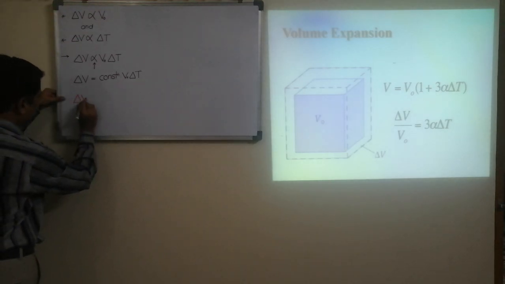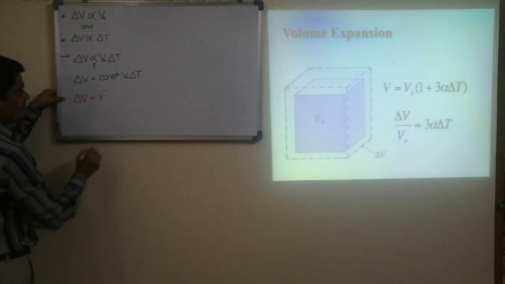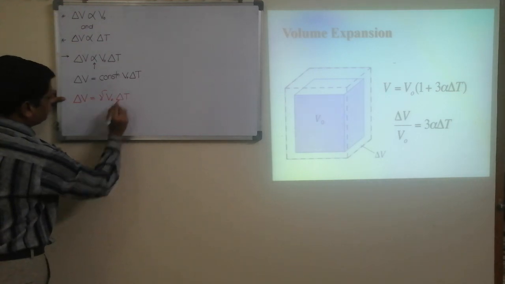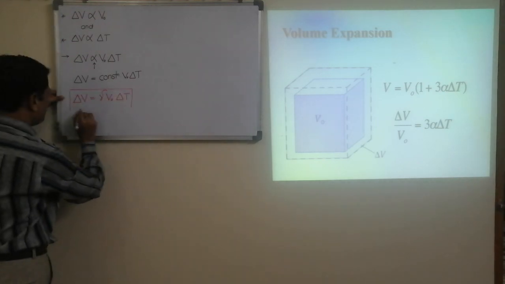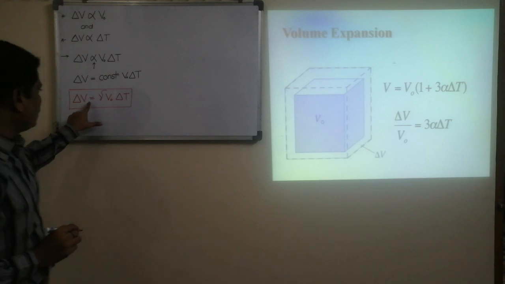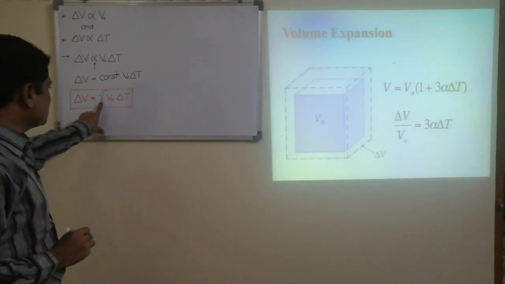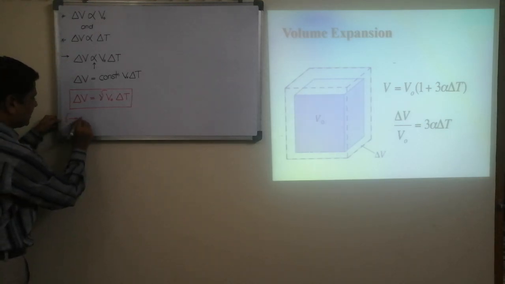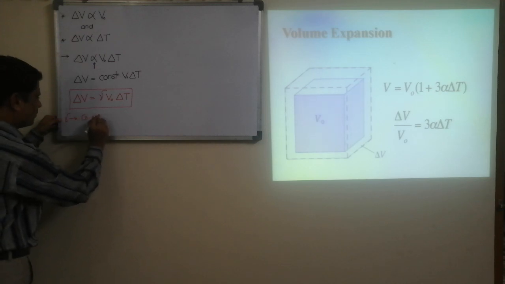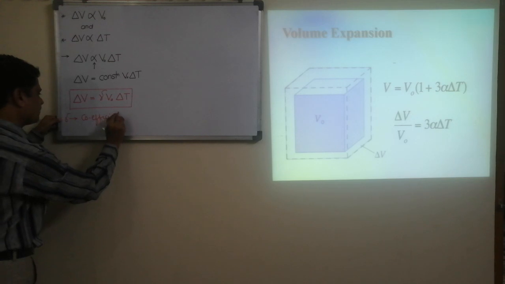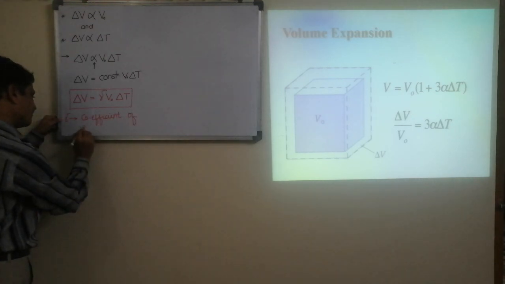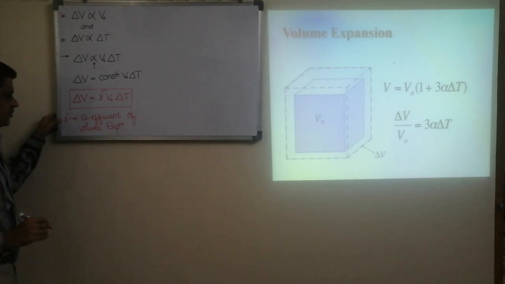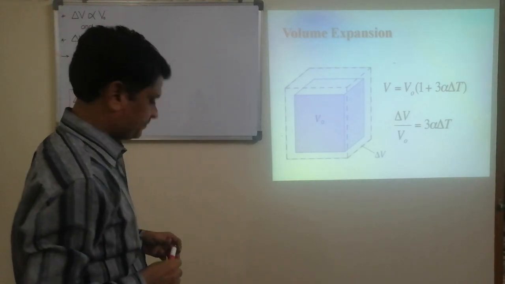So delta V is equal to gamma V0 into delta T. This is the change in volume of a body, where gamma is called the proportionality constant, and today this is called the coefficient of volume expansion.